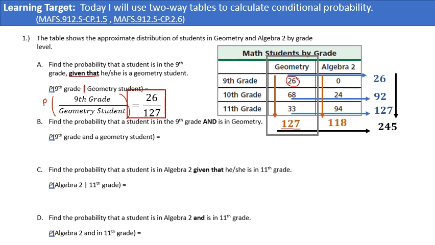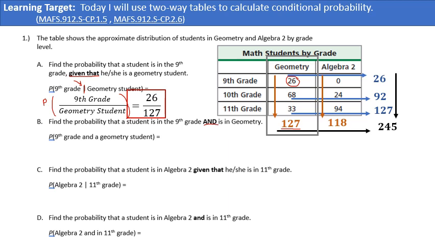All right, so on B, find the probability that a student is in 9th grade and is in geometry. Let's look at this question again. Do we see the "given that"? Do we see the vertical line here in the probability statement? And the answer is no to both of those counts. What does this mean? This means we're talking about everybody.